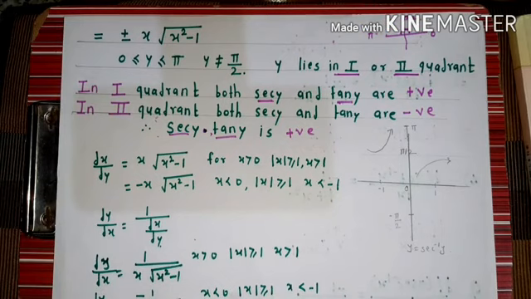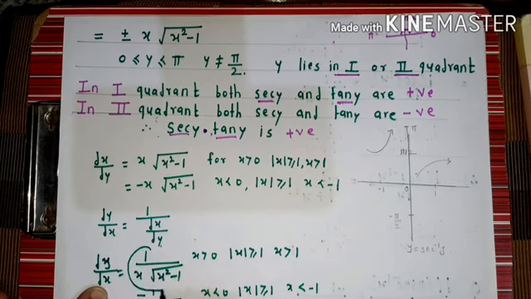But remember students, at one time it is positive and here it is negative, but always we consider the differentiation of sec inverse of x as 1 upon x into square root of x square minus 1, which is always positive.